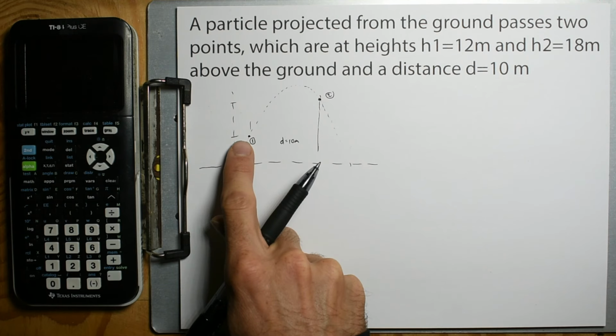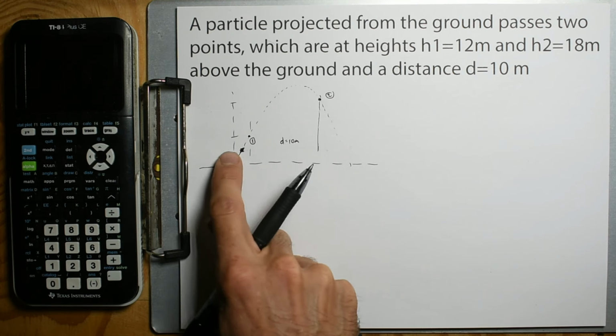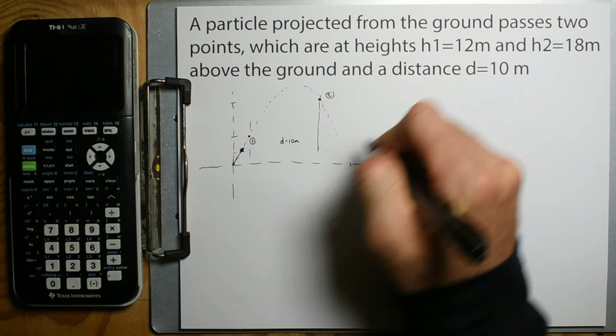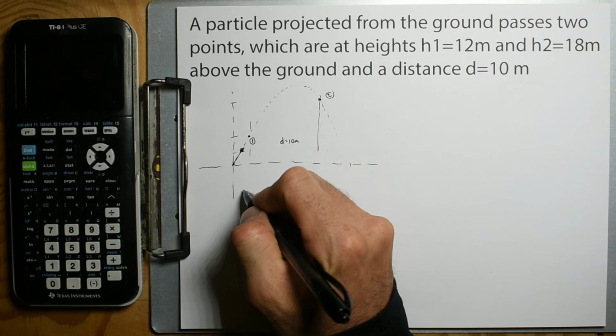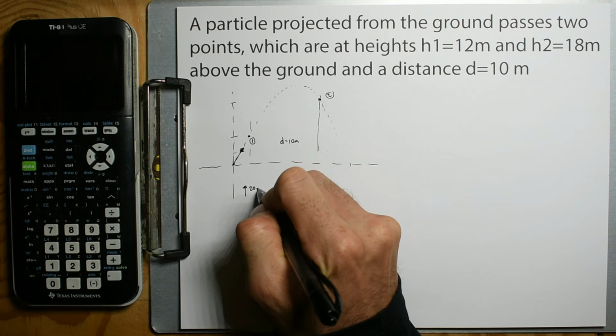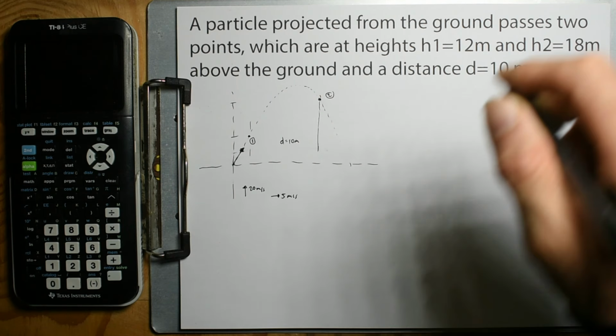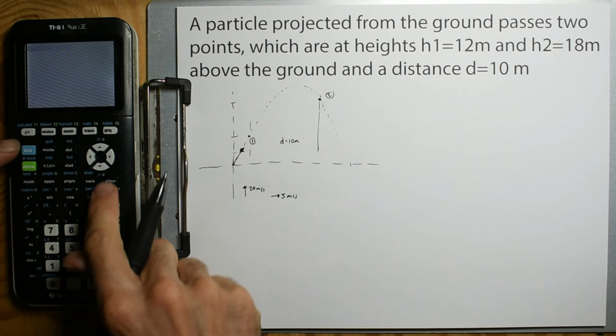Our distance this way is 10. So maybe we have an average speed of 5. So let's do 20 and 5. 20 meters per second up, 5 meters per second over. Now that's a total guess.